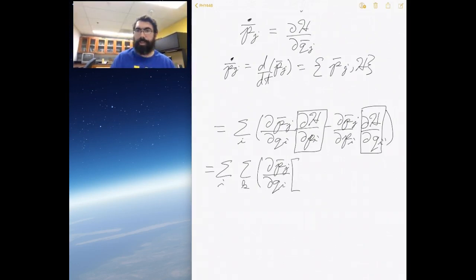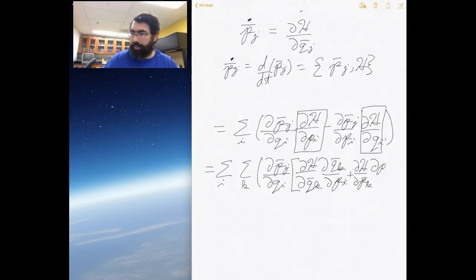Now we substitute out for that derivative, and that is the derivative of the Hamiltonian with respect to the barred position sub k, so that's where the k index comes in, and then the derivative of the barred position with respect to the unbarred momentum, plus the derivative of the Hamiltonian with respect to the barred momentum, and then the Jacobian.